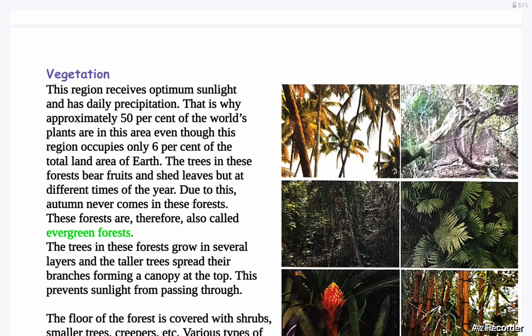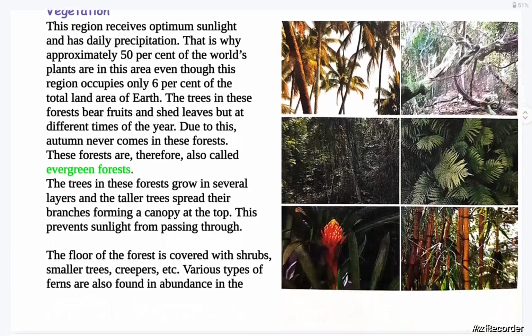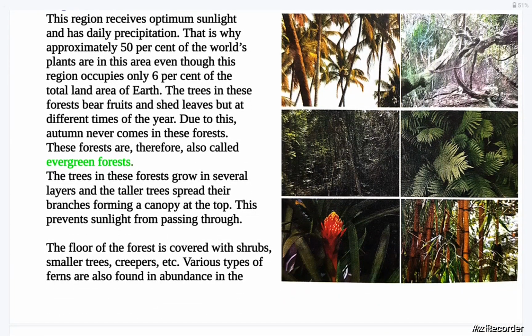The trees in these forests grow in several layers, and the taller trees spread their branches forming a canopy at the top. This prevents sunlight from passing through.